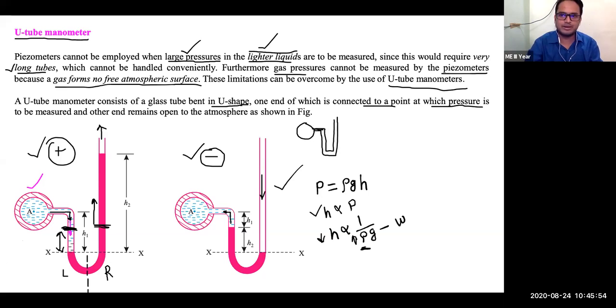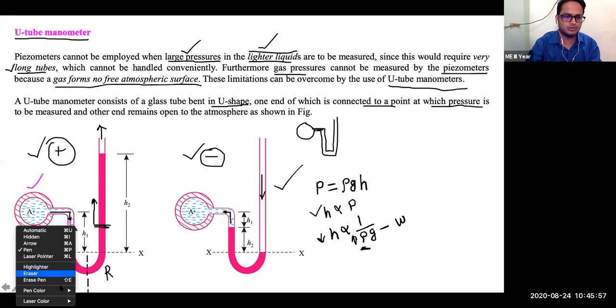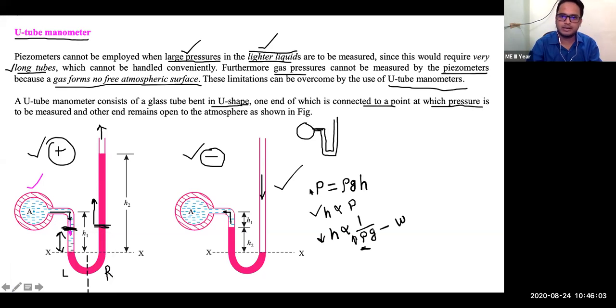I'm going to fill some liquid inside it. Let it be green color. Suppose mercury is filled and it is shown with this green color. For this case, we don't have any pressure inside this pipe.